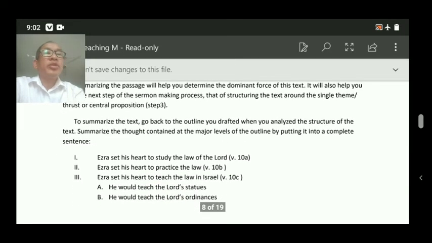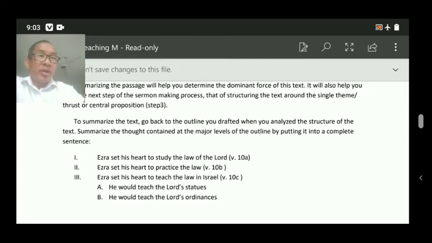To summarize the text, go back to the outline you drafted when you analyzed the structure of the text. You analyzed the text last time by small words, and that is how we analyzed the structure. Now we have to summarize the thought content at the major levels of the outline by putting it into a complete sentence.